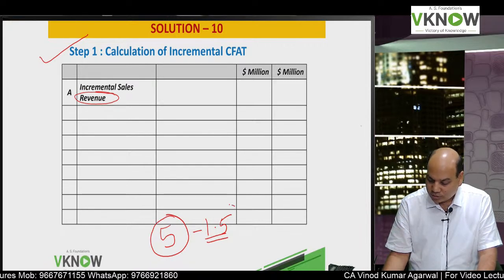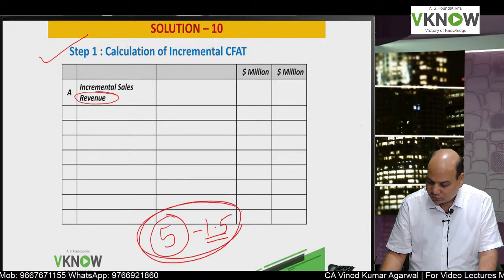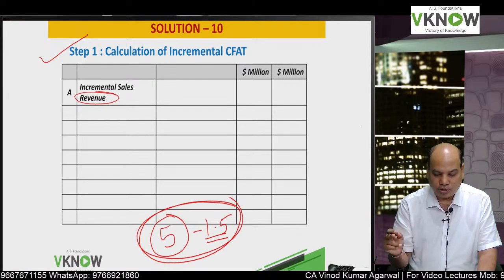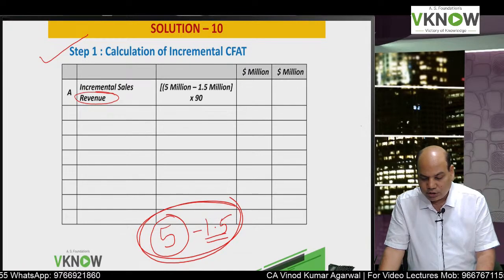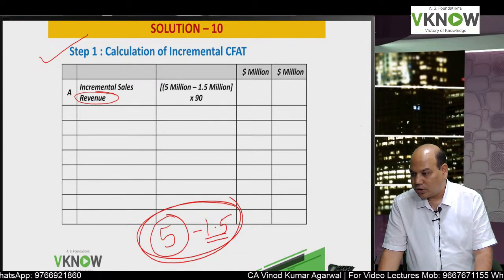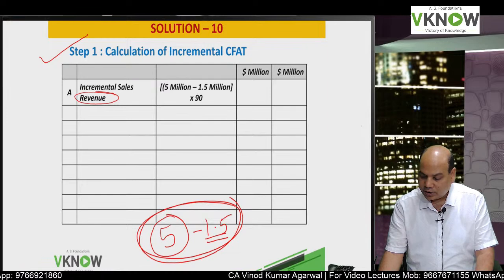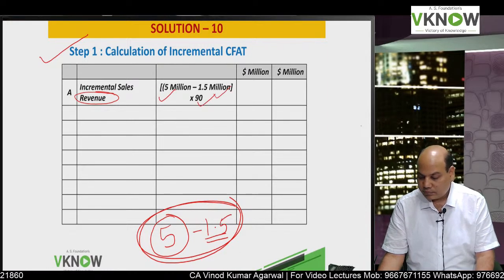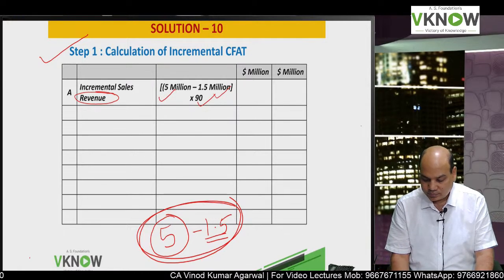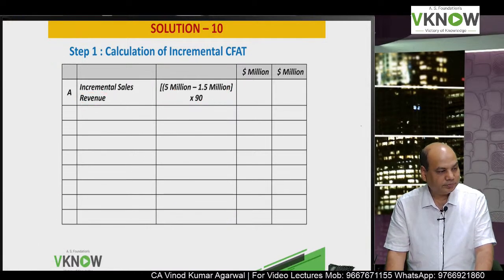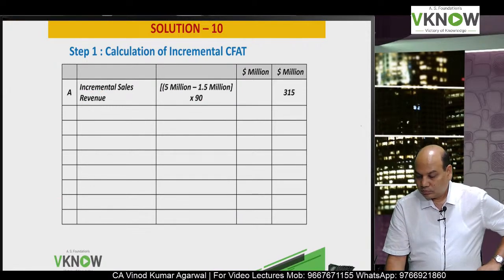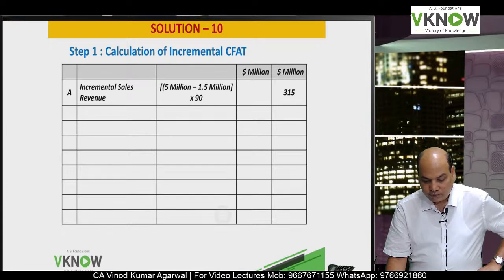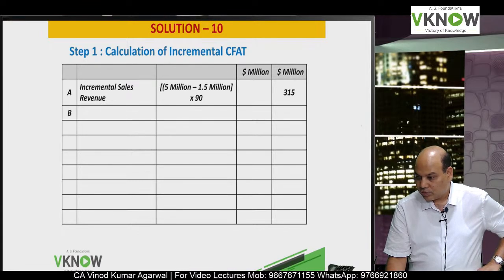So your quantity sold will increase by 3.5 million units multiplied by the rate. So write down the calculation: 5 million minus 1.5 million into rate per unit 90. Come on, answer. How much is that? That comes to 315.